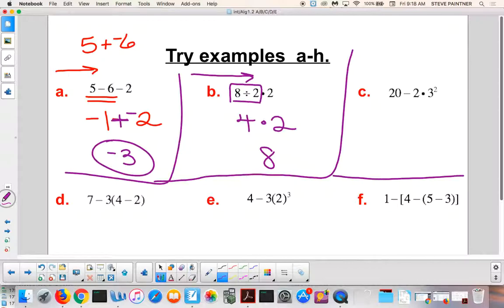Move over, try this one. Lane, what'd you get?